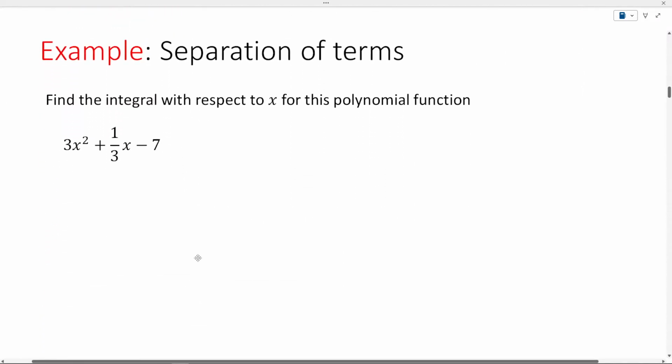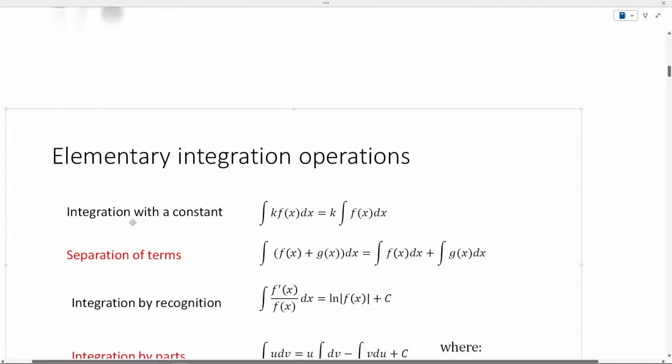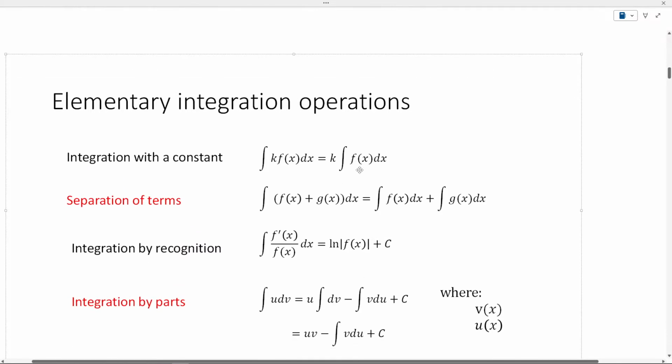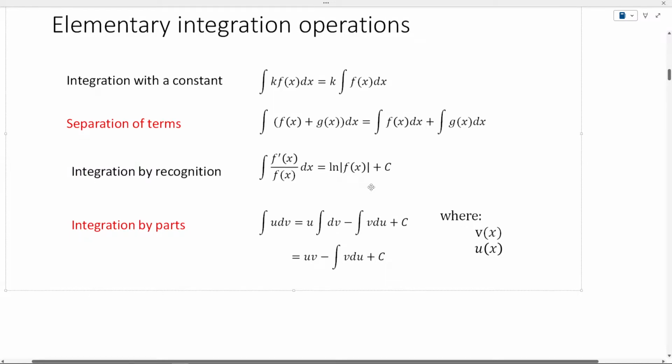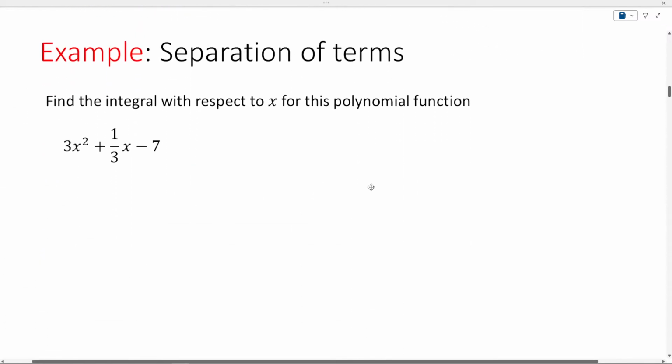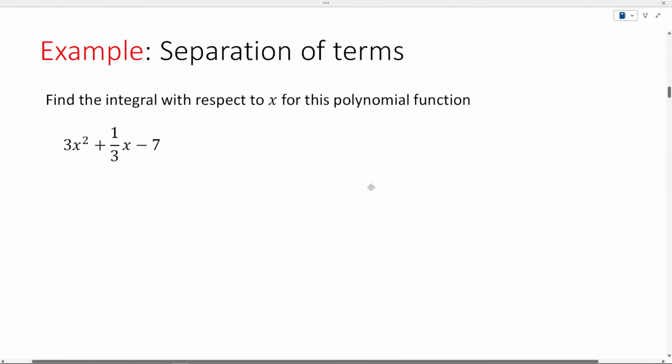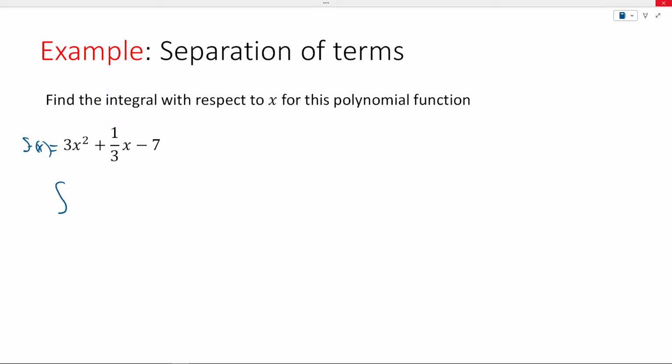Okay, so let's start with the separation of terms. We have seen this before. If this is my f of x, then I can say the integration of this, 1 over 3x minus 7 dx.